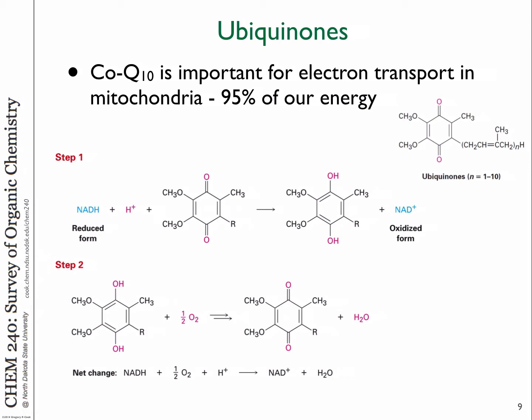So NADH in your cells react with the benzoquinone form and reduce it to hydroquinone. There's electron transfer going on. And that's a reversible process, so that's oxidized back. So this is part of generating energy in your cells. And actually 95% of the energy we produce comes from this process. So it's an important reaction.